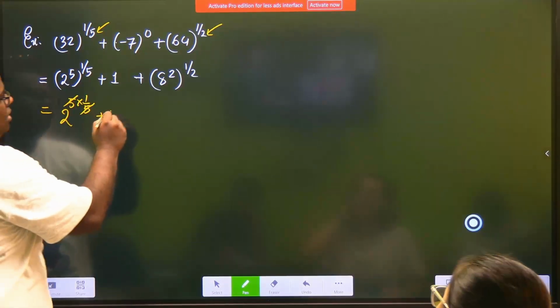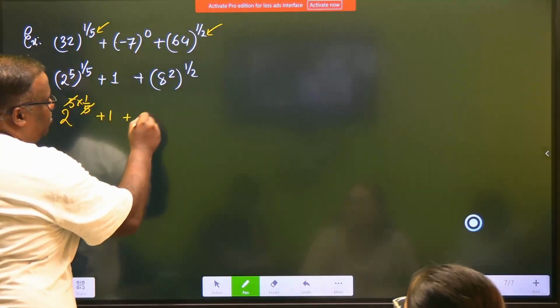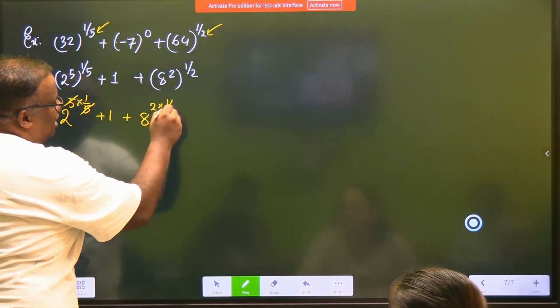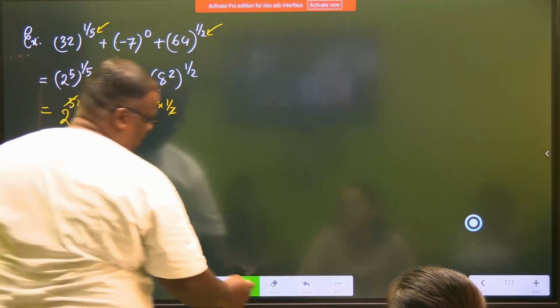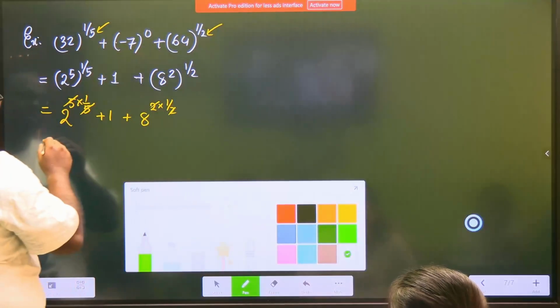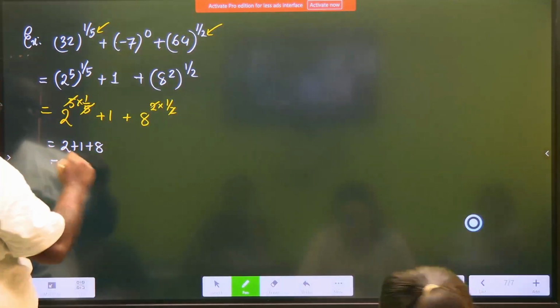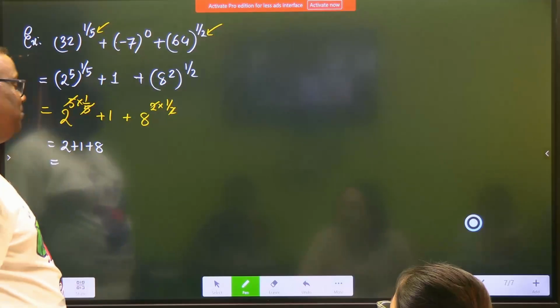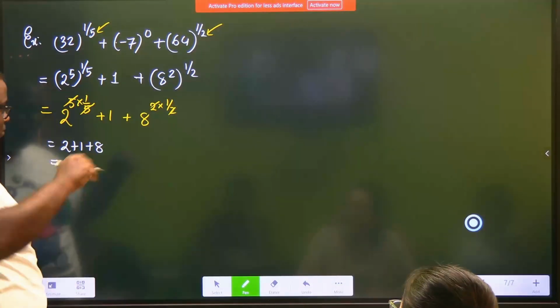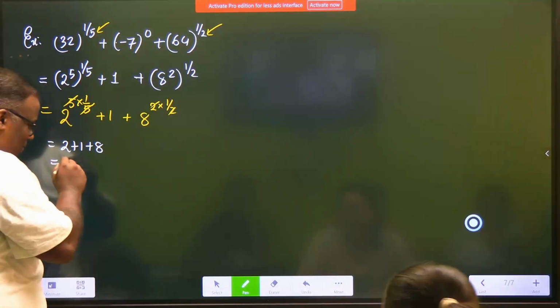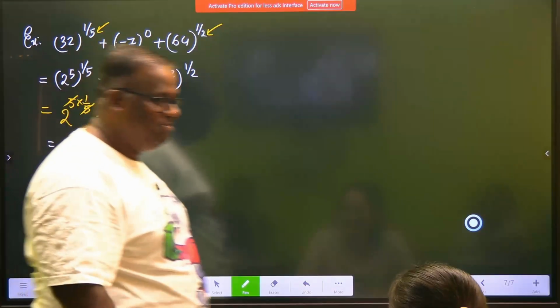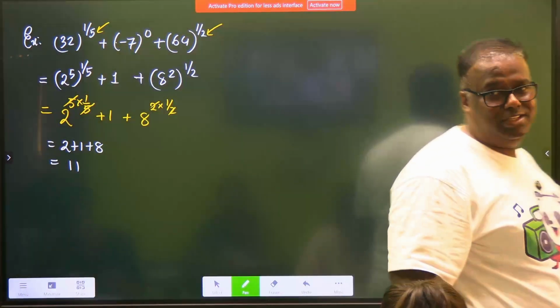Plus 1. And 8 becomes 2 into half, which is 2 to the power 3. Which brings us back to 2 plus 1 plus 8, that is 11. Abhiki really solved it well. I will recommend the Nobel for you.